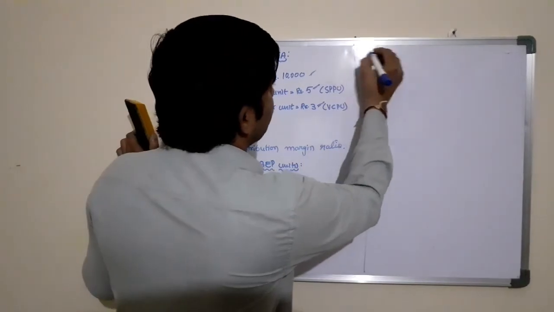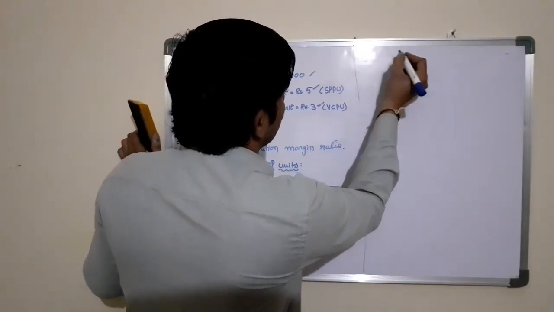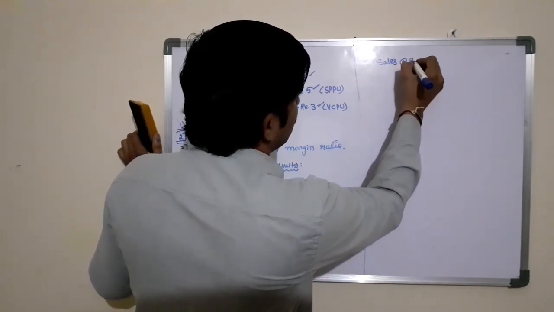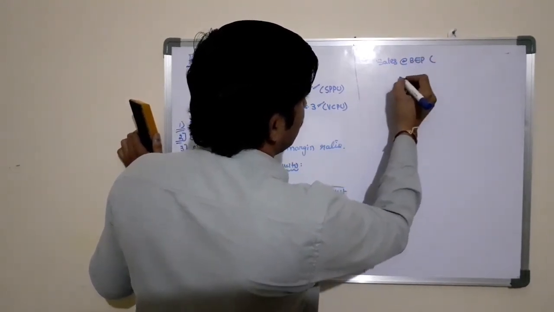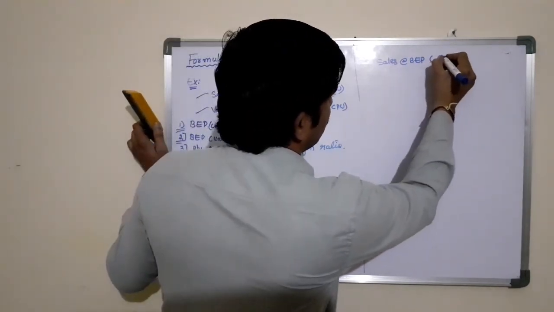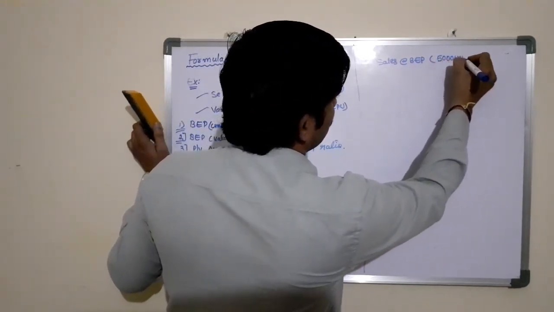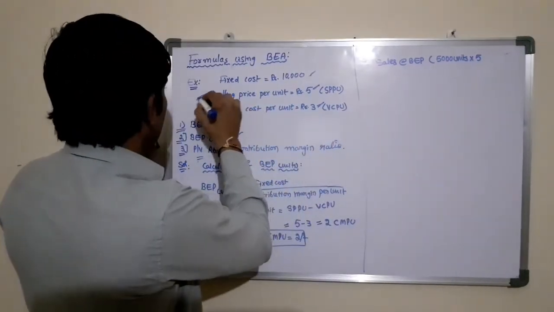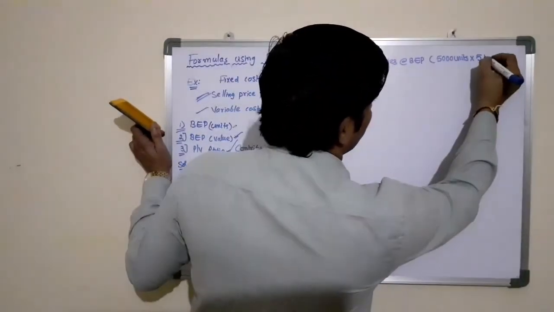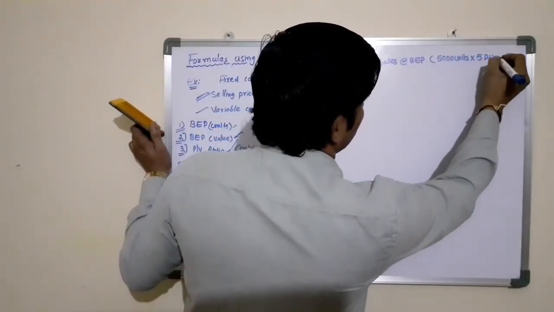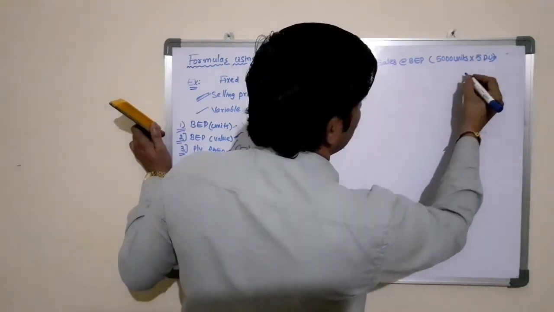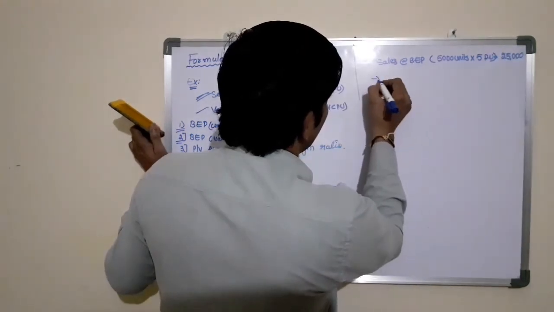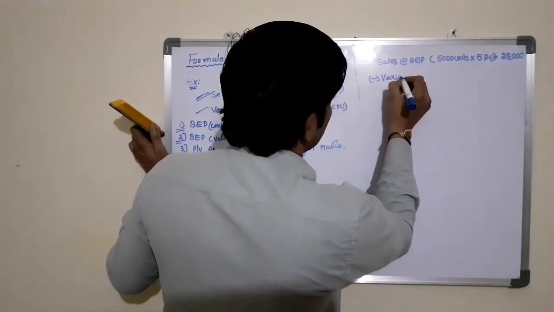Sales at break-even point, sales at BEP in units 5,000 into selling price per unit, no change in selling price per unit, that is our assumption. 5,000 into 5 is 25,000 total sales, minus variable cost.